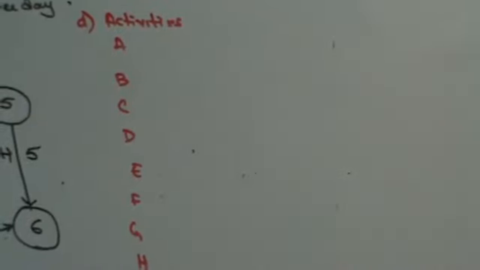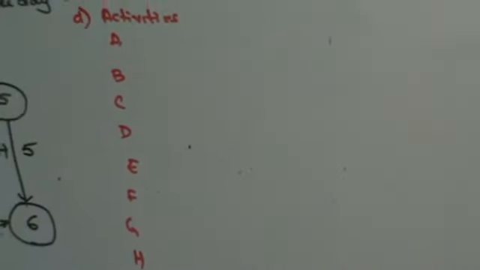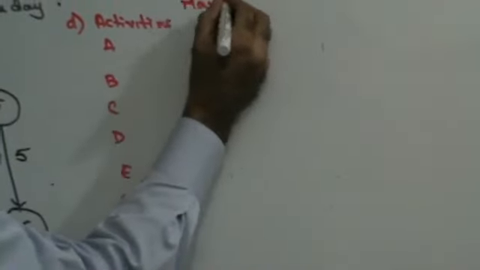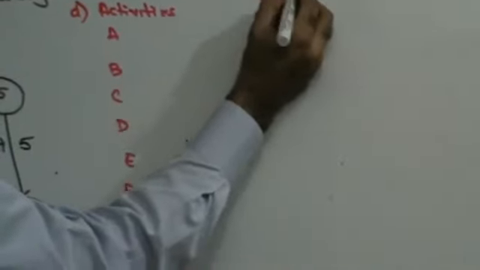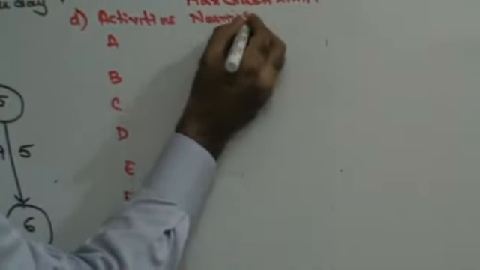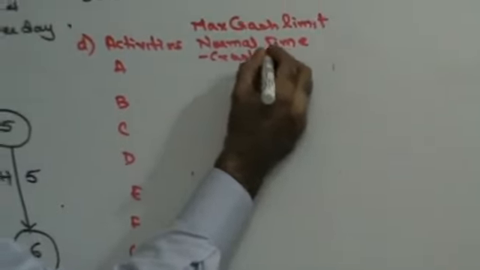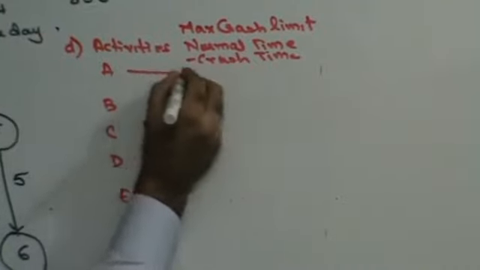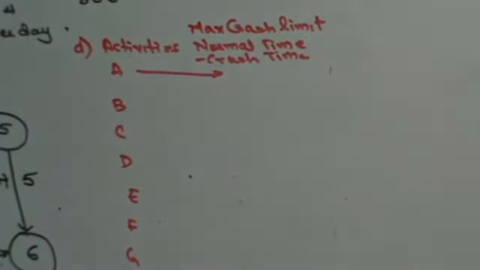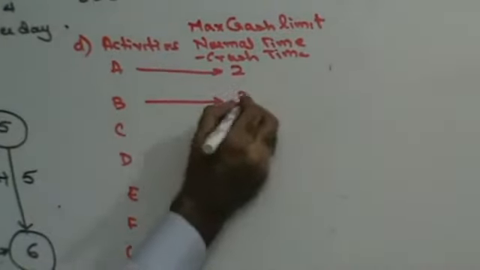How do I find out maximum crashable limit? Maximum crashable limit is given by the formula normal time minus crash time. So for activity A, normal time and crash time is given to you, 8 minus 6, 2 days. For activity B, 10 minus 7, 3 days.